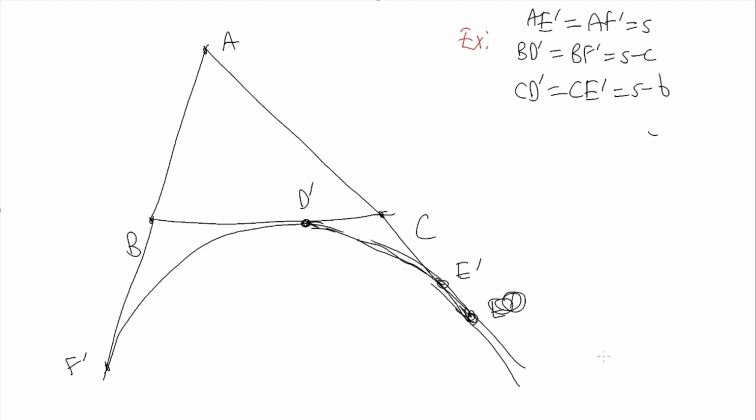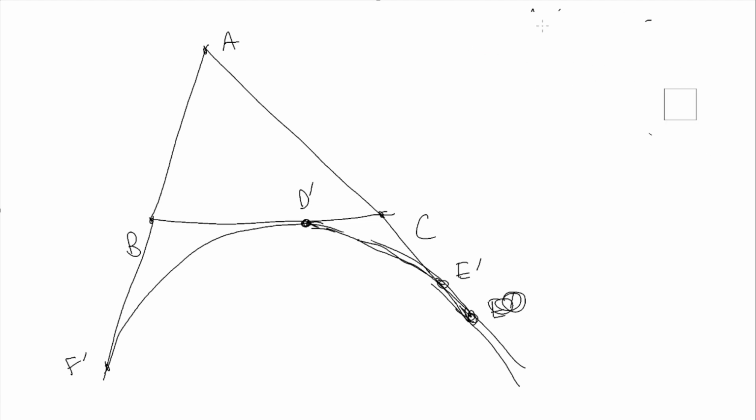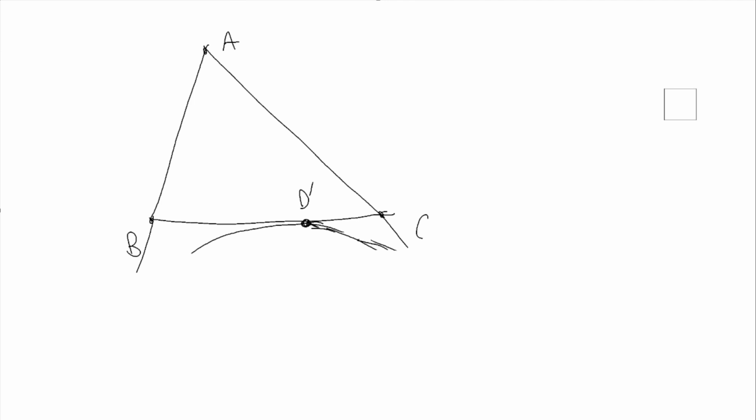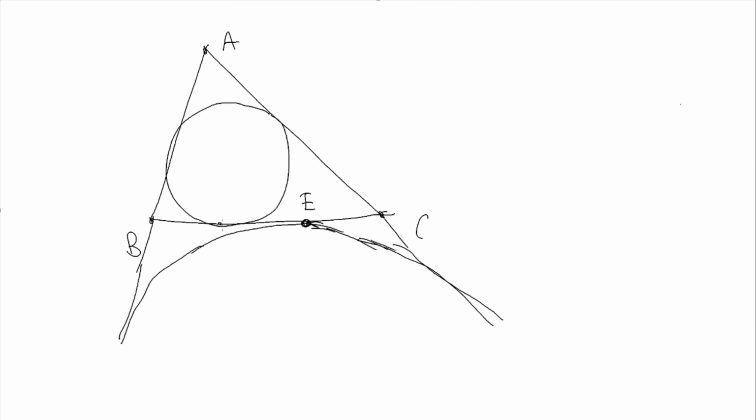All right, so you might have noticed that we've seen the length s minus b appear twice, once in the incircle configuration and once in the excircle configuration. And this brings me to one more point that I want to make. So I'm going to clear the rest of these. So if I draw on this excircle now, and only worry about this tangency point up here, E, and also draw on the incircle point, so that's D, then we know that this length here is equal to s minus b, but so is this one here.